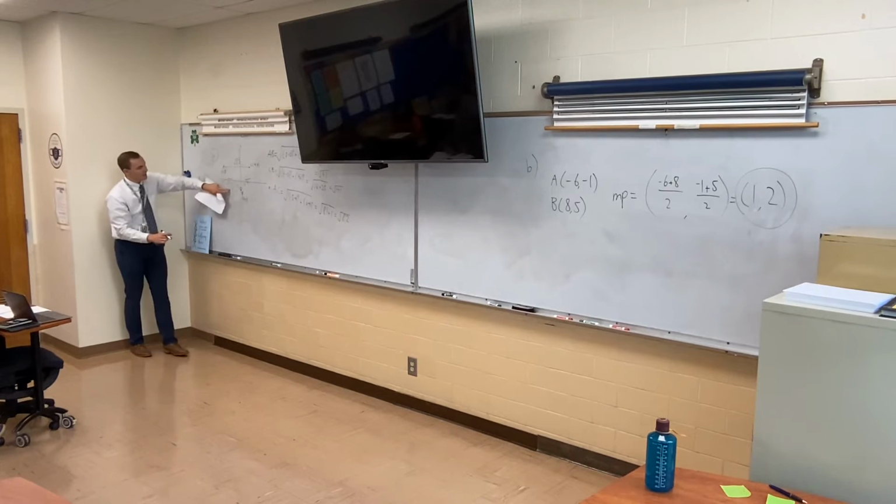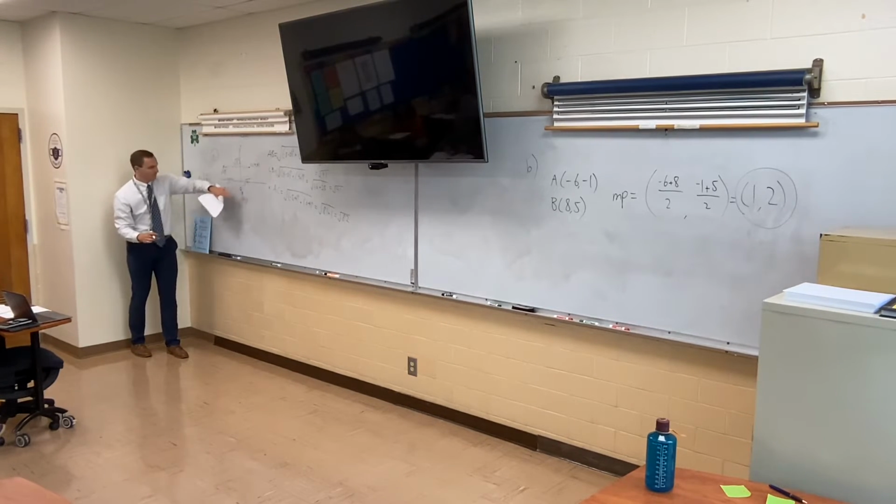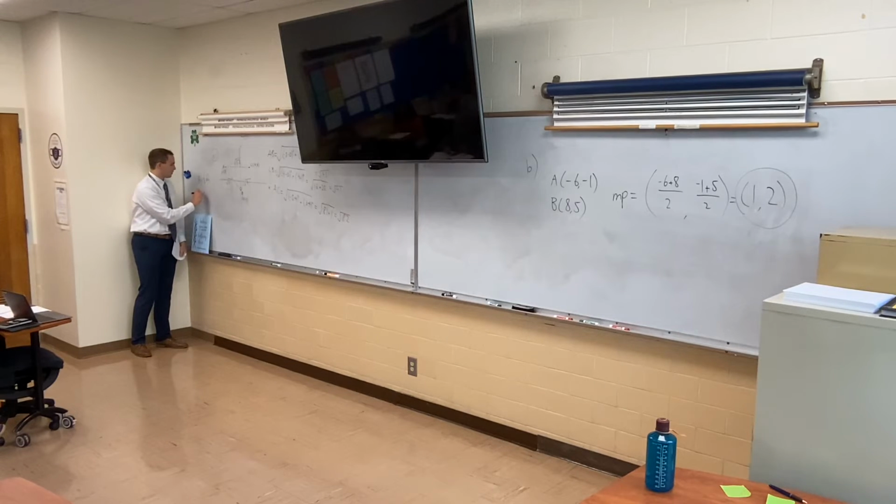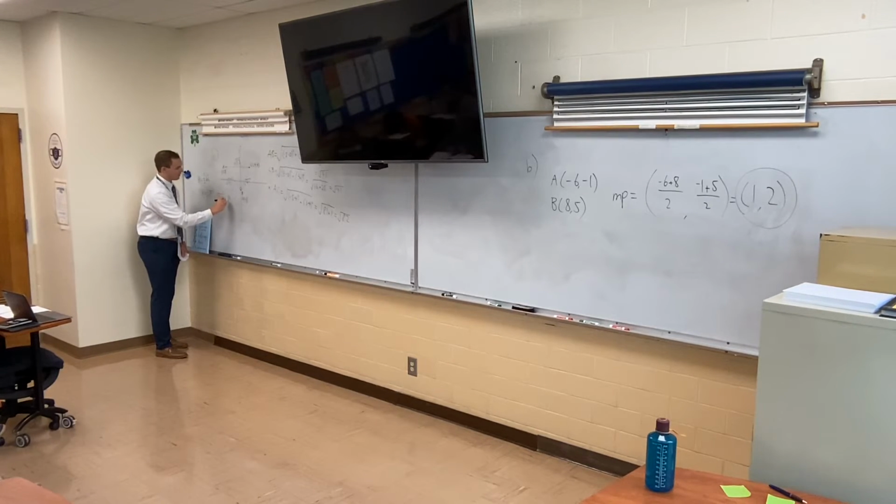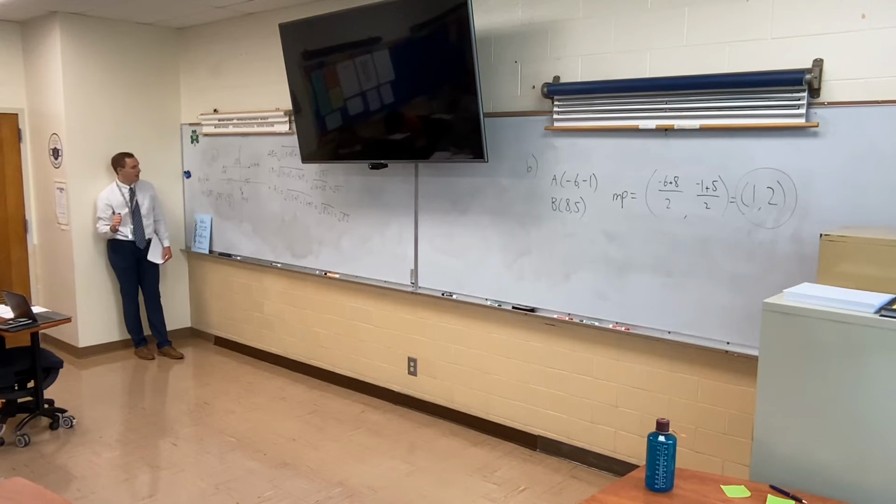So this is my base and this is my height. Okay. So the area equals 1/2 times the length of the base, which is square root of 41, times the height, which is square root of 41. So you get 41 over 2. Is that confusing people? I'm trying to think of the best way.